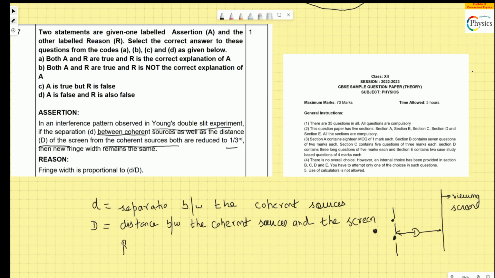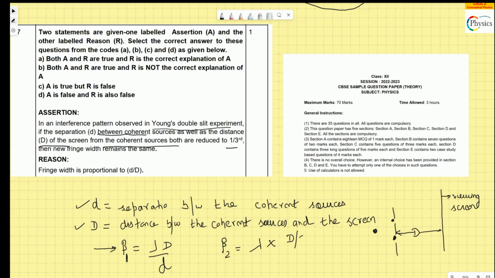The fringe width is given by lambda D by d. Now what they say is both small d and capital D are reduced by 1/3. So this is the formula of the fringe width. The second fringe width, the wavelength remains the same.